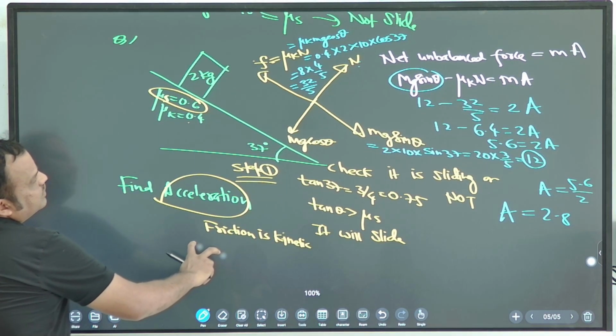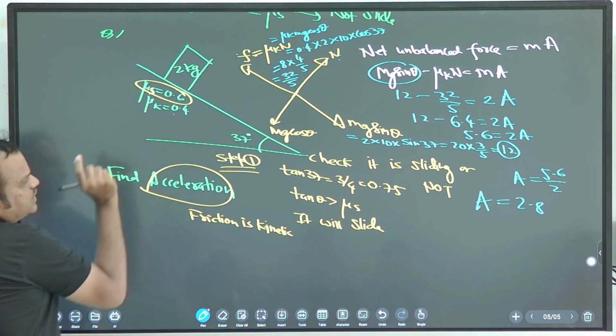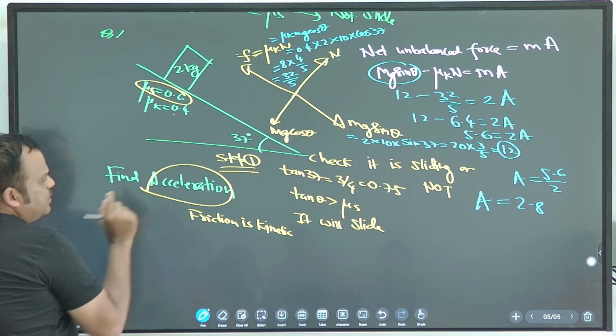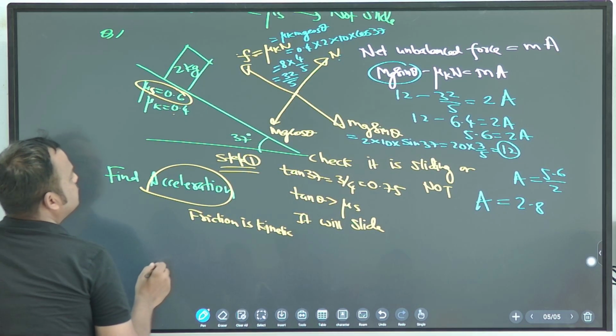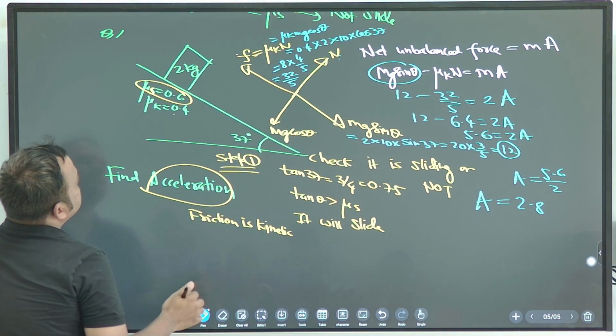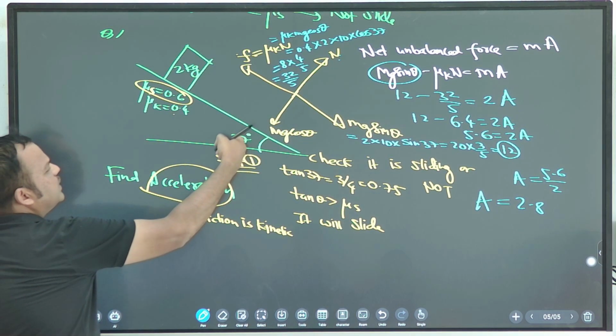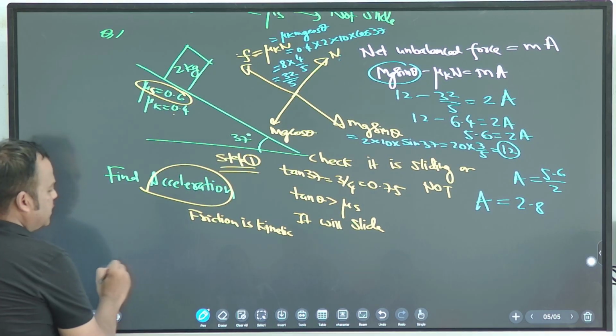Now this question is lengthy. If I change something, that question becomes a very short question. You decrease the angle. If instead of 37 I give 30 here, then what is your answer?